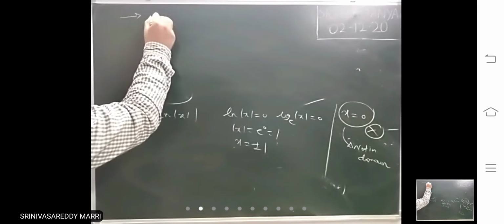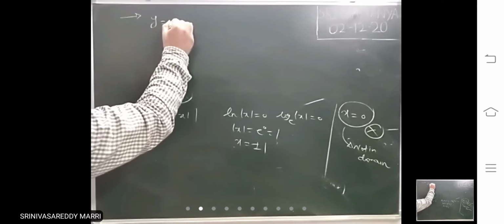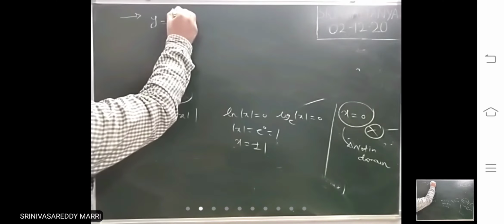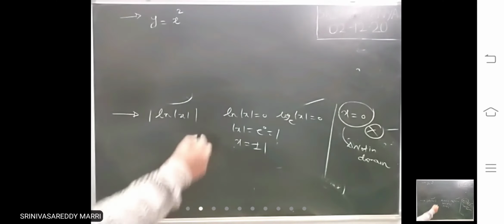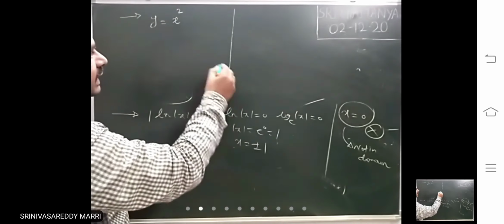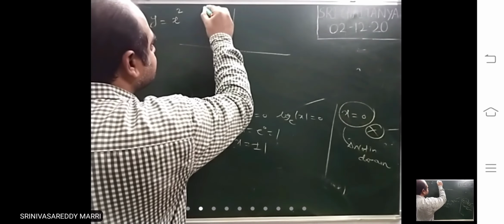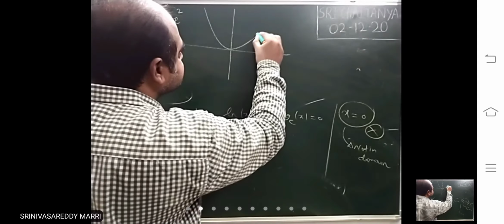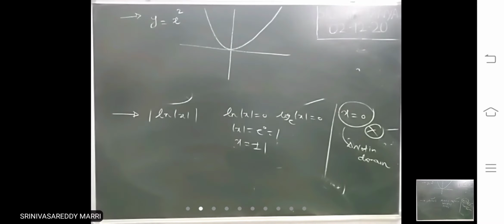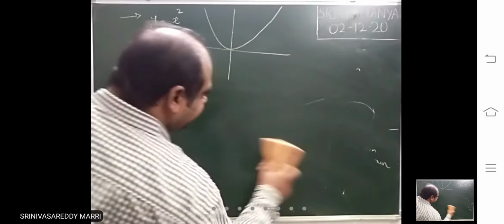Look at some basic graphs; a few I will tell. Such as parabolic graphs. y equal to x square, whenever it is there, it will be like this parabola. Now you are going to get graphs, a few graphs. y equal to x square, right? The y equal to x square graph will be like this. Just a few I will discuss.